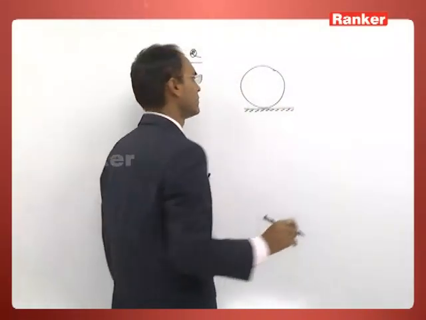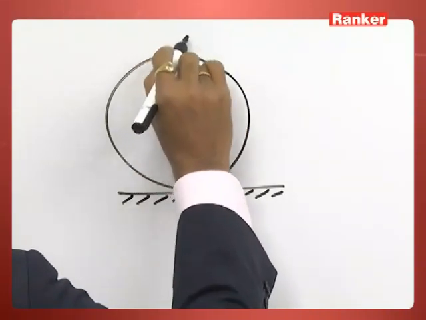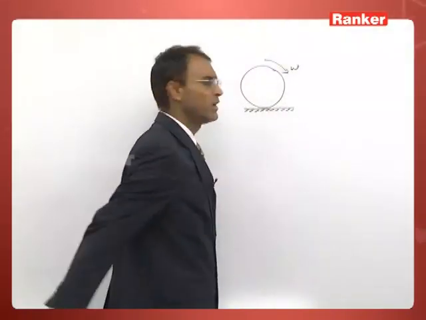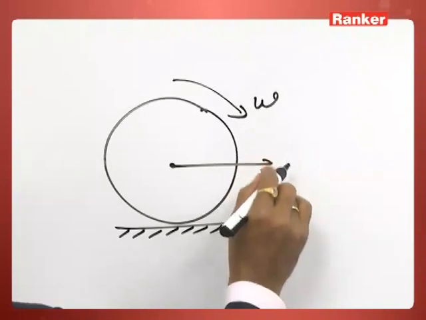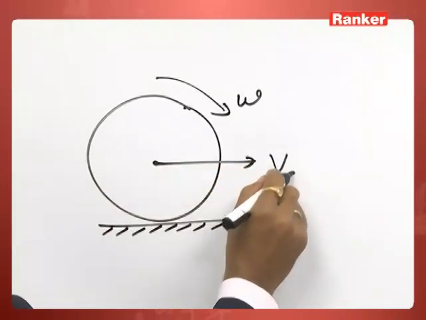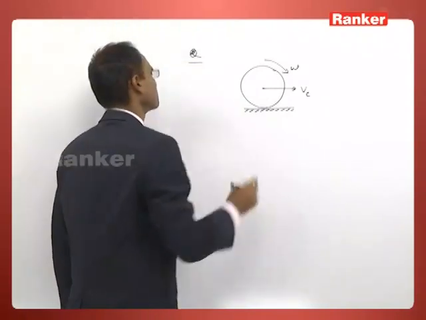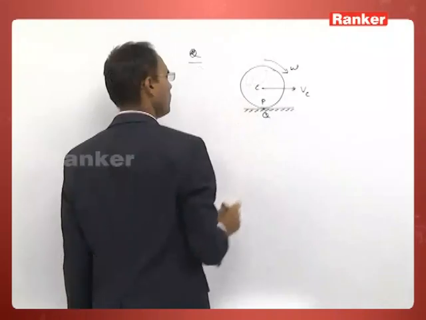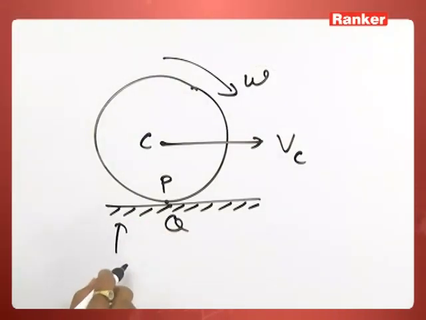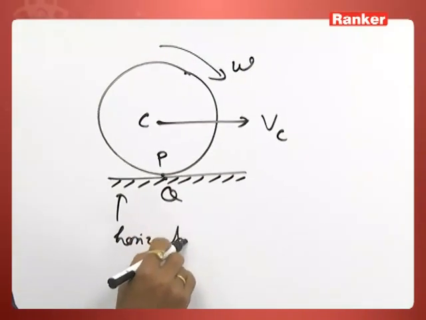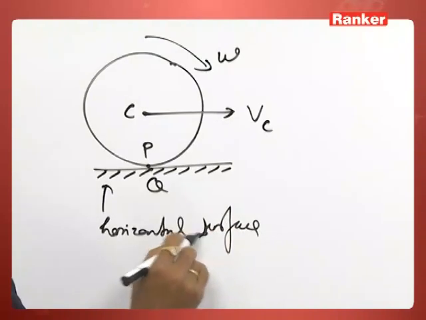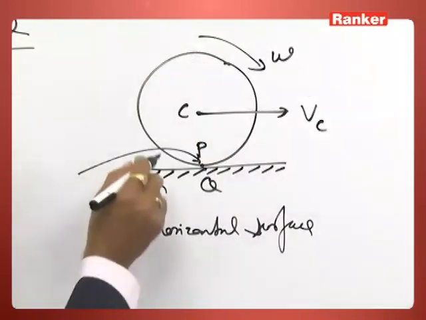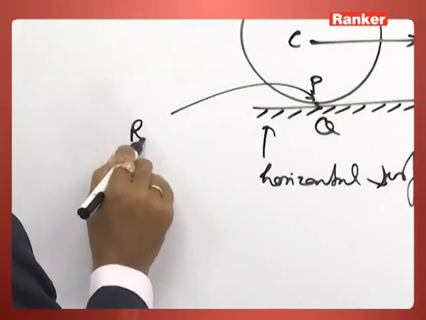Let us spin the cylinder in this way and project the cylinder with the velocity of center of mass, say Vc. This is the center of mass, this is the last point P, the last point Q, or the contacting point Q of the horizontal surface, and this is the last point or contacting point of the rolling body.